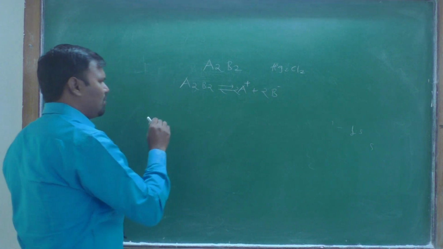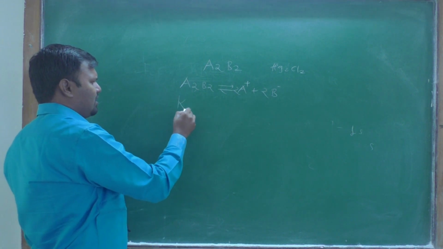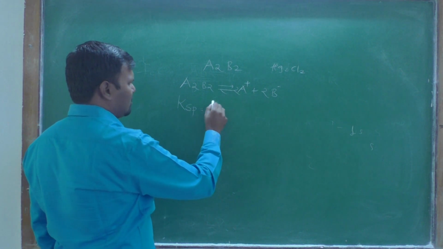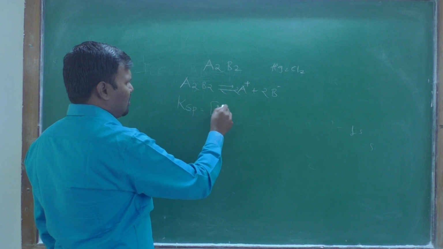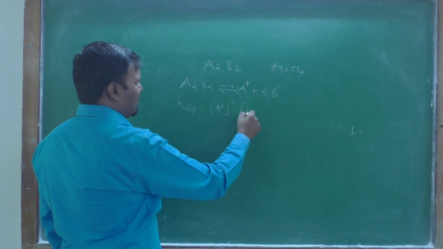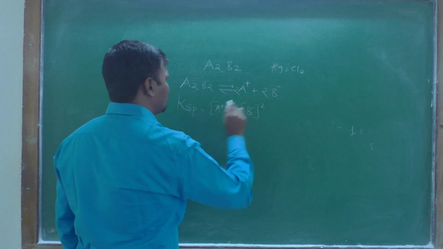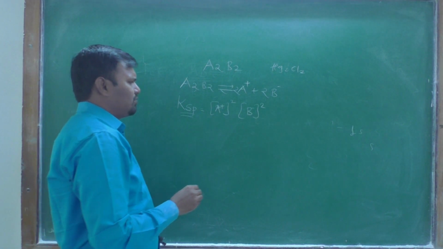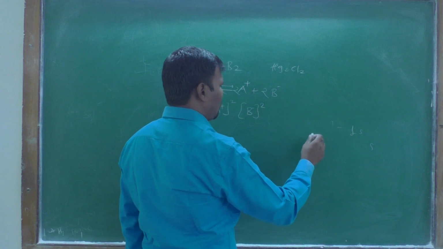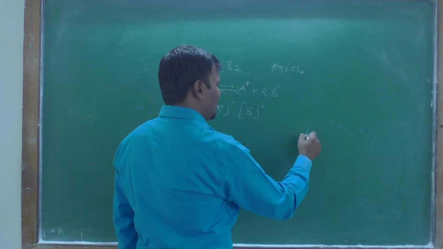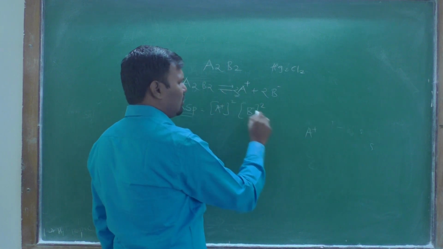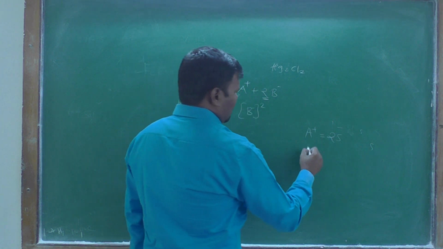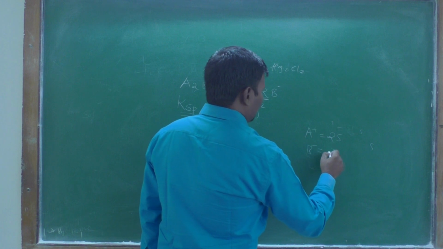Then by applying the law of Ksp, the equation will be Ksp equal to the concentration of A+ raised to 2 and the concentration of B- raised to 2. That is the Ksp. Therefore the concentration of A+ will be 2S, and for B- the solubility is 2S.